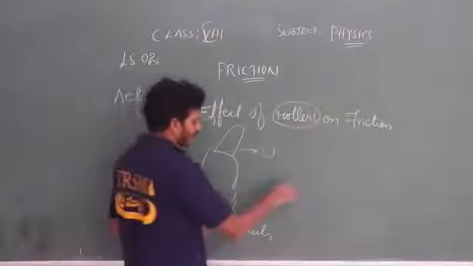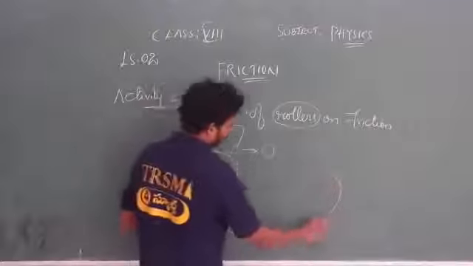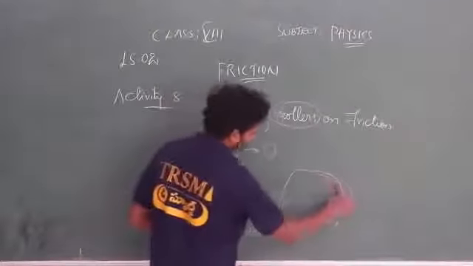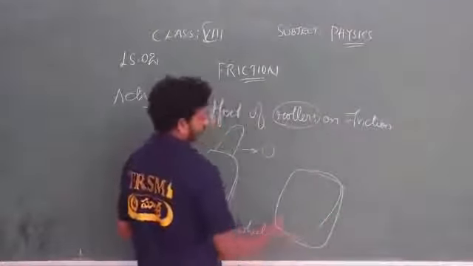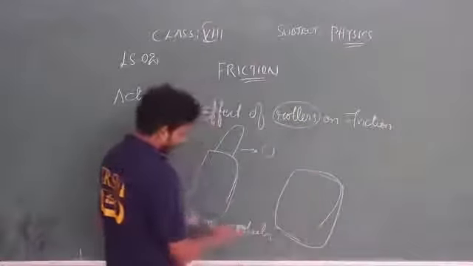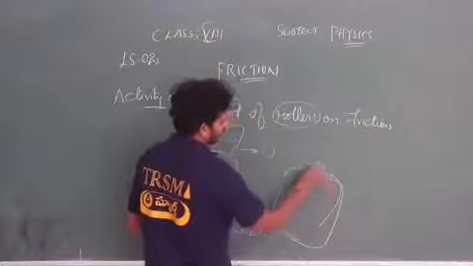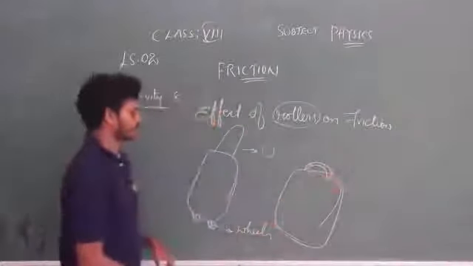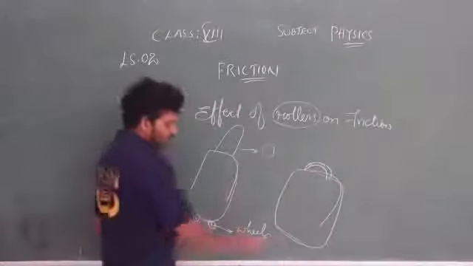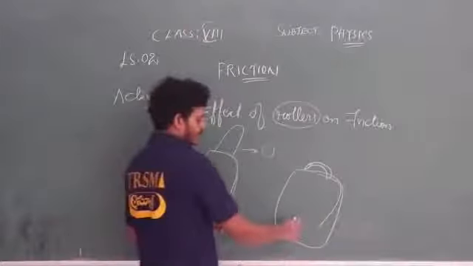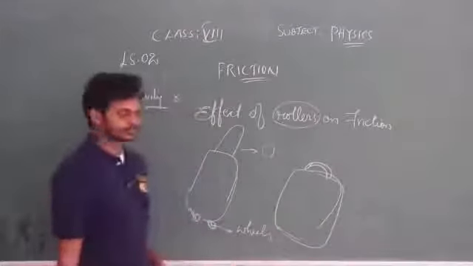And I'm having another bag. This is the other bag which I had. I don't have the wheels. Wheels are not fixed to this one. I had only the handle for this. No wheels are attached to this one.